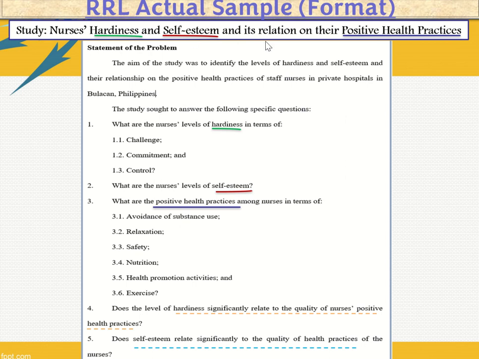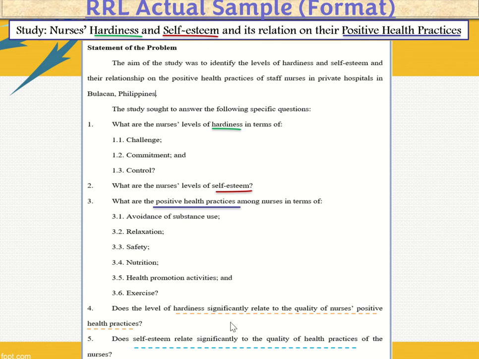So definitely kung ito yung mga variables na nakita natin, probably this will also be the major themes for our RRL. So the first major theme for our RRL is hardiness. Second is self-esteem. Third is positive health practices.